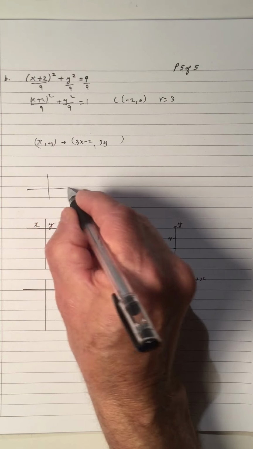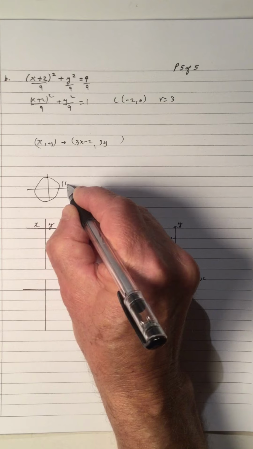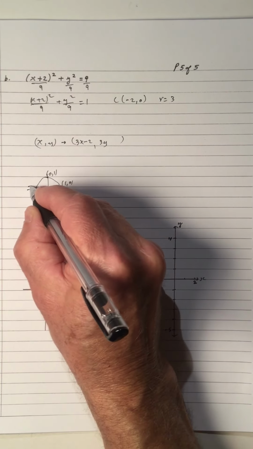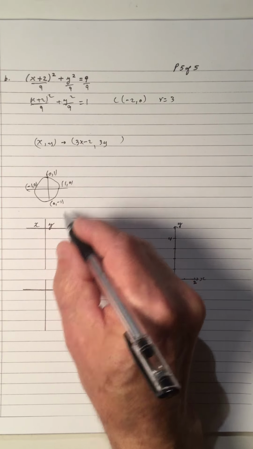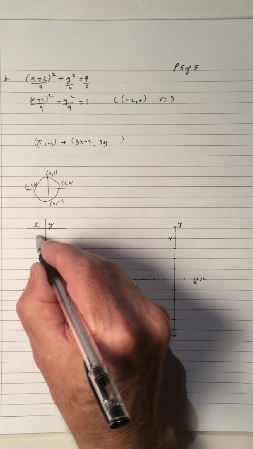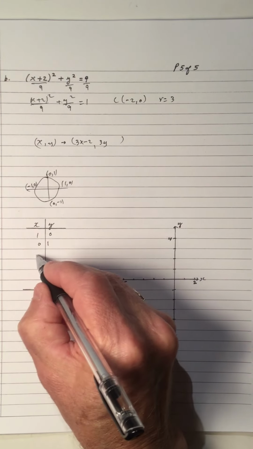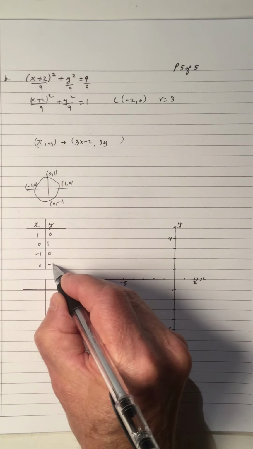And again, I always like to draw it so I won't make an error. So right here at 0 is 1, 0. This is 0, 1. This is negative 1, 0. And this is 0, negative 1. So now I can't make a mistake. I look here and get 1, 0, 0, 1, negative 1, 0, and 0, negative 1.